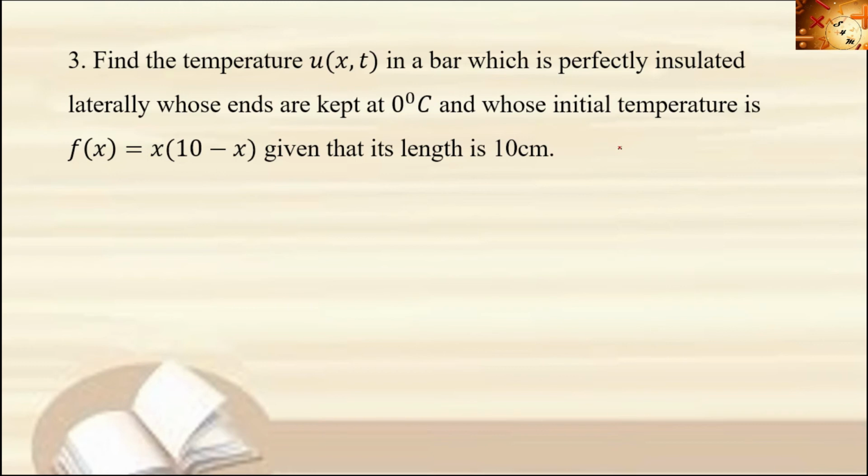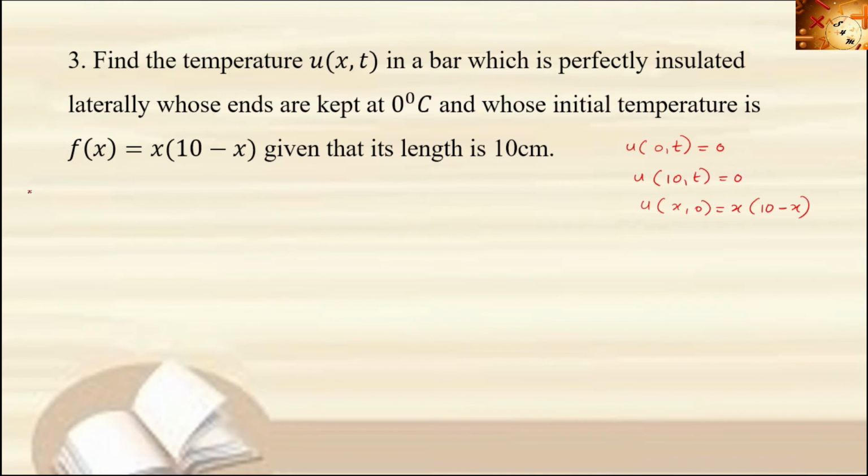It gives the boundary conditions, that is U of 0,t equal to 0 and U of 10,t is equal to 0, since its length is 10 centimeters, and whose initial temperature is f of x equal to x into 10 minus x. So we have U of x,0 is equal to x into 10 minus x. Here the length L is 10.